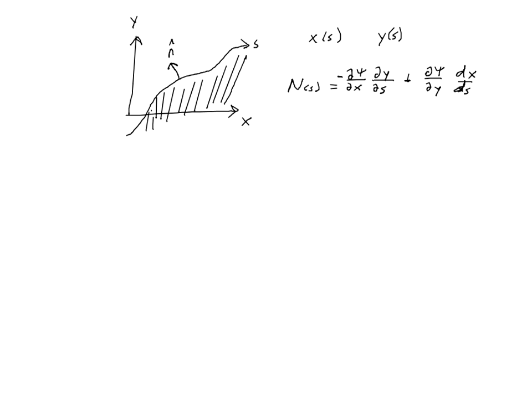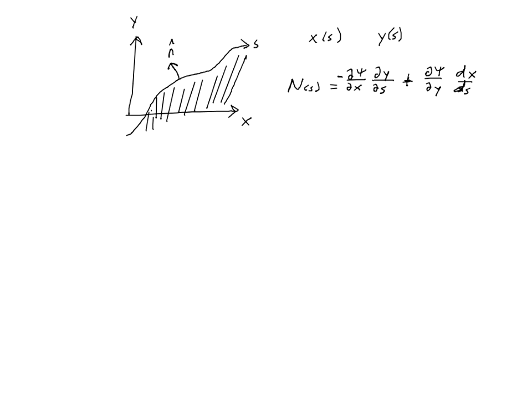So what this is telling us is, we have the change in the solution with respect to x times the change in y with respect to s, plus the change in psi with respect to y times the change in x with respect to s.